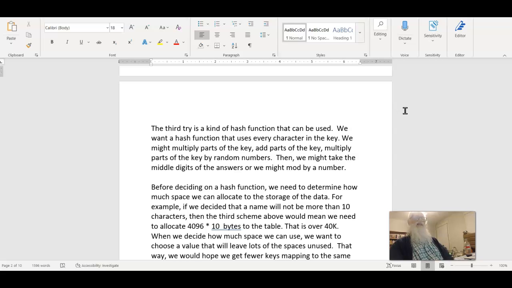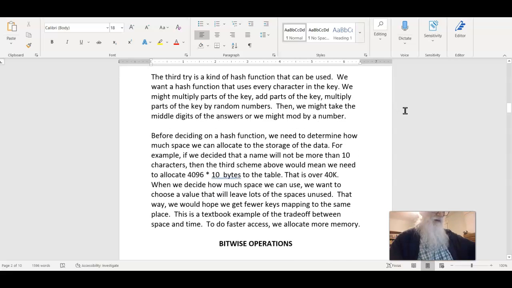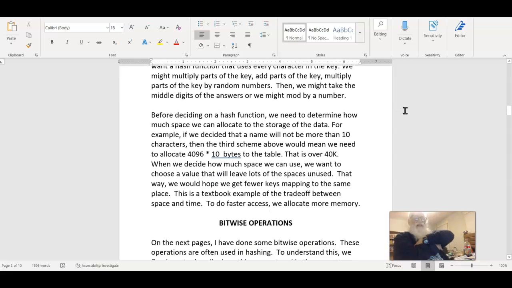In other words, the more space we can have, the less chance we have of having a clash, a collision, two things that go to the same place. So this is a very classic example of a trade-off. We might want to have a lot more spaces than we actually expect to have keys. That way, we would have empty spaces.